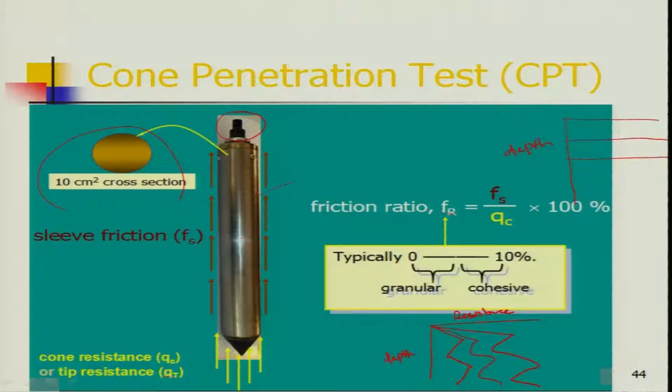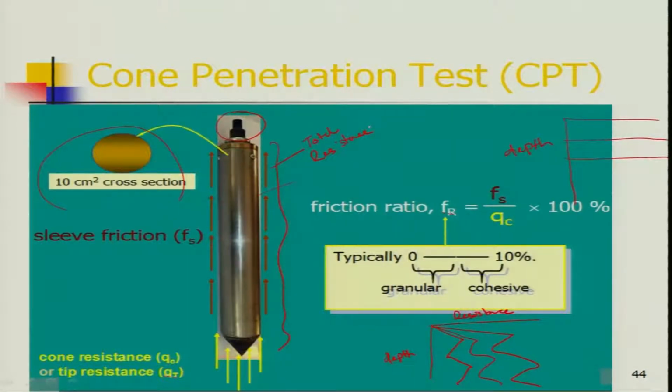Once it moves all together, you will get both cone resistance as well as side resistance. That means it will give you total resistance. So, depth wise you can measure cone resistance as well as total resistance.